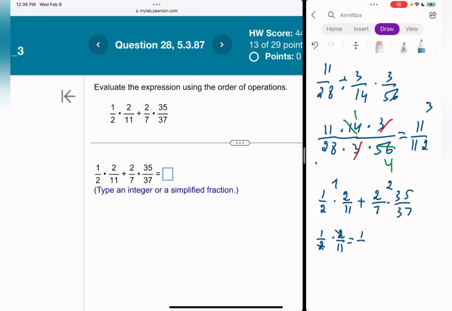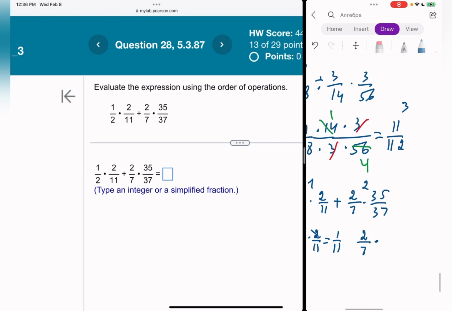I'm getting 1 over 11. And 2 over 7 times 35 over 37. Let me clean this too so it won't create a problem. 35 and 7, this is 1, this is 5, right? 35 by 7 is 5. And 2 and 37, I can't do anything. I'm getting 10 over 37.